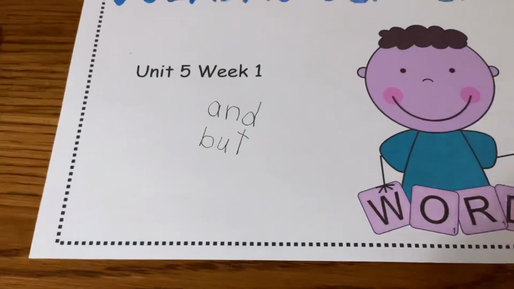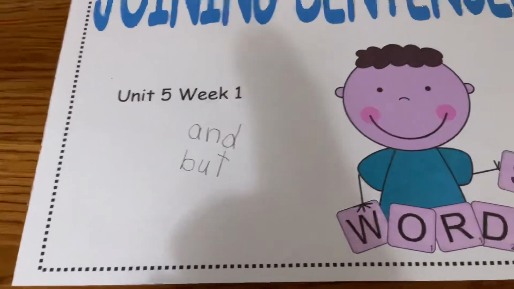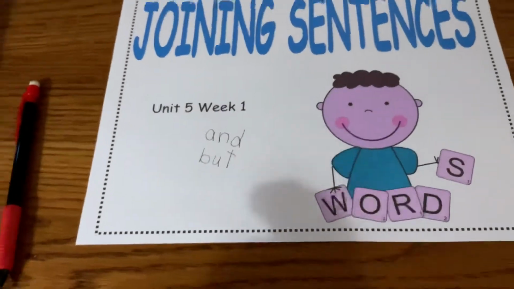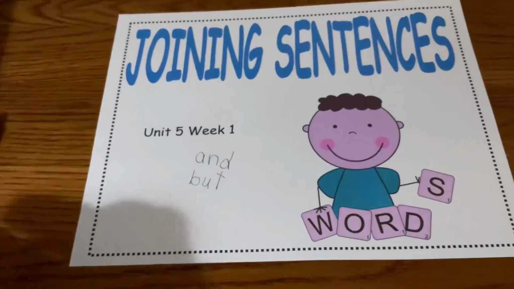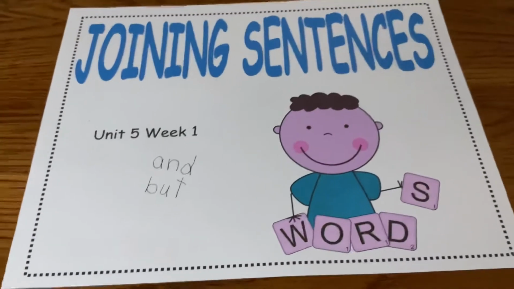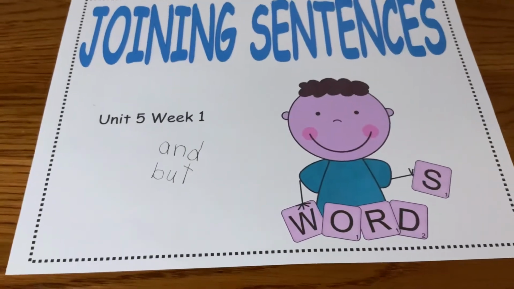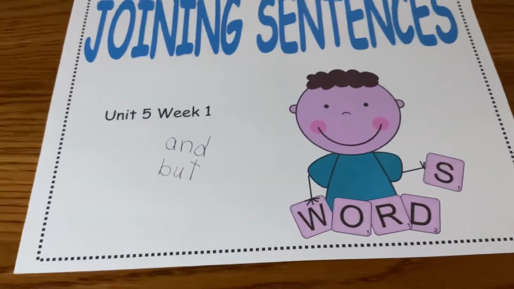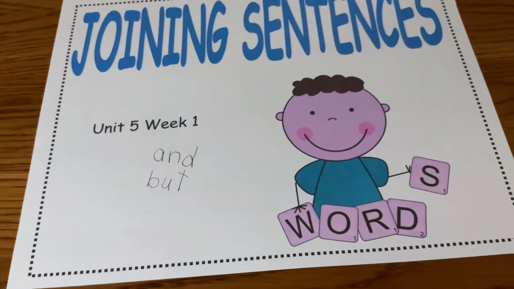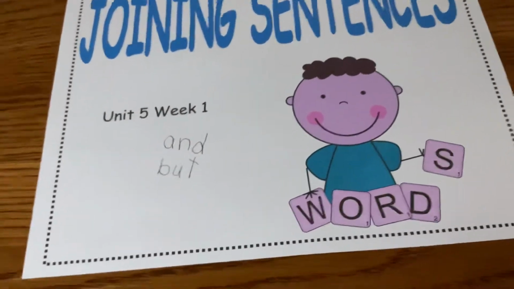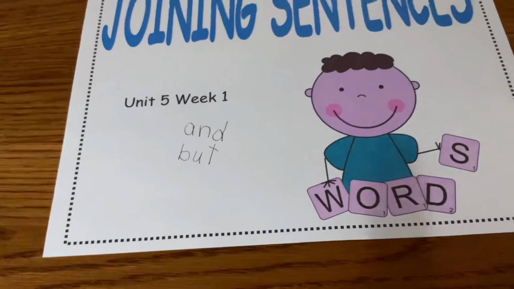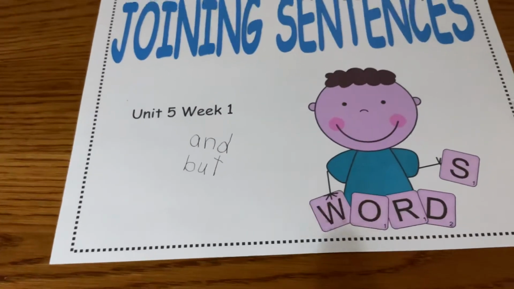Okay, I can say you can have pizza, but you can't have a piece of cake. I can say you can go outside and play, but you can't leave the yard. Okay, I'm joining two sentences using the word but, so that way I only have one capital and one period at the end.